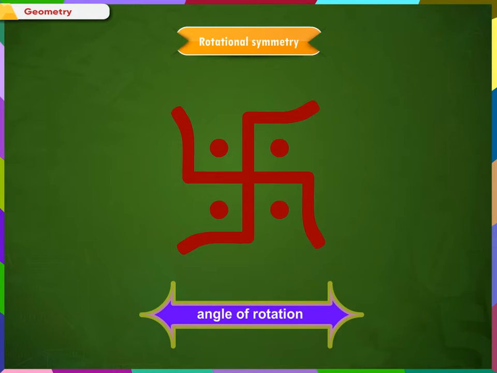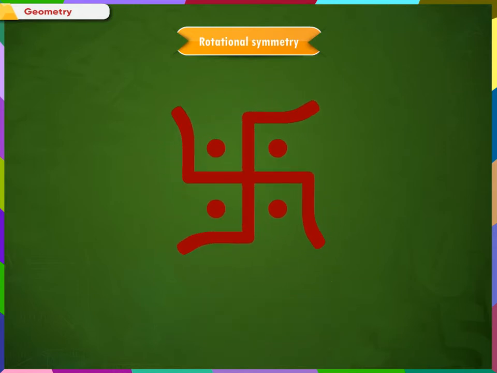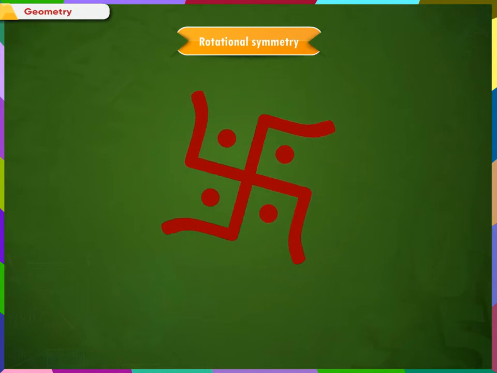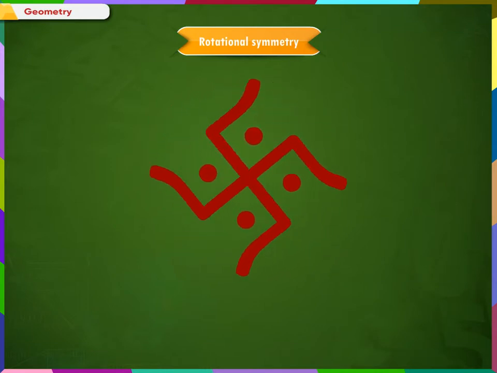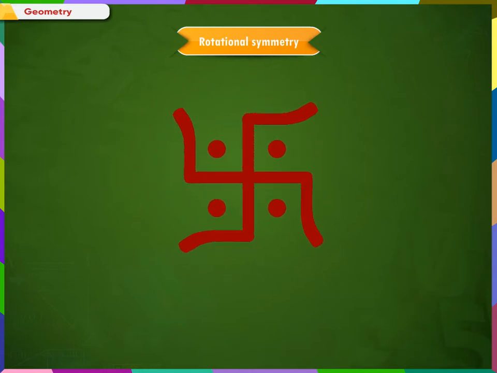For this figure, when we rotate it 90 degrees, it looks the same. You can see for every 90-degree rotation, the shape looks the same. When we rotate this figure 4 times, and every time the figure looks the same, this means the order of rotational symmetry is 4.